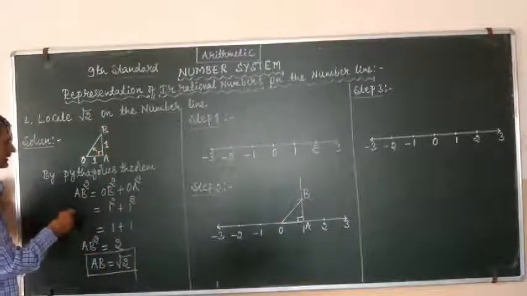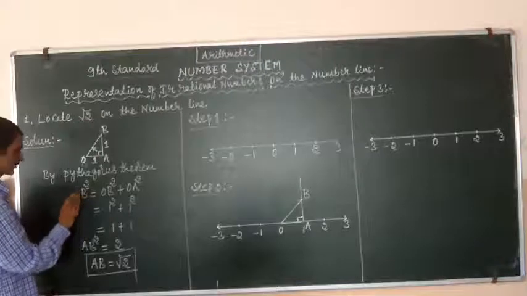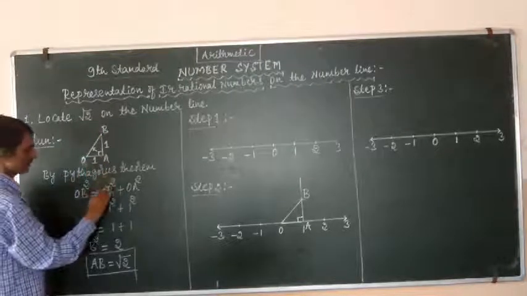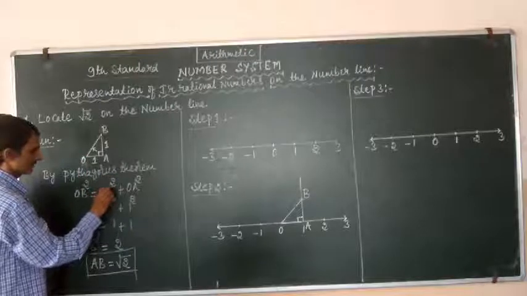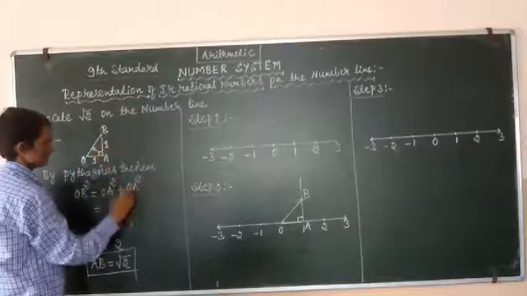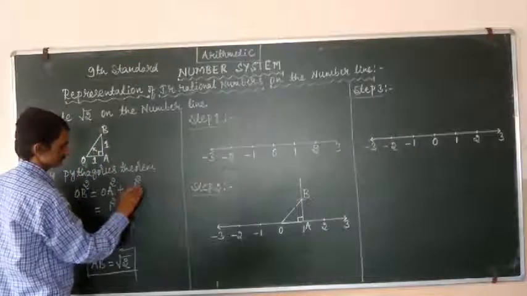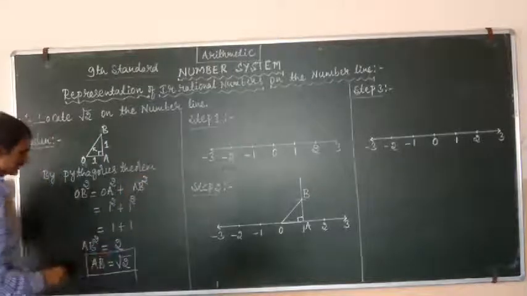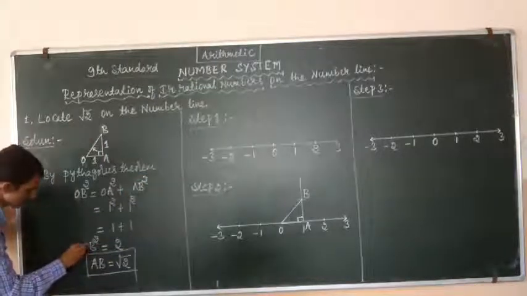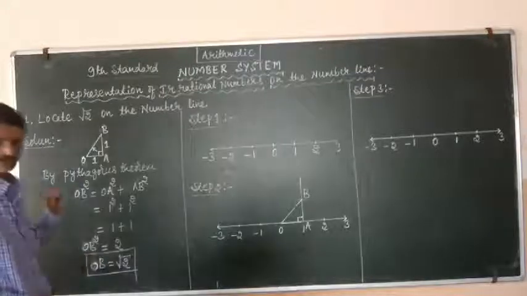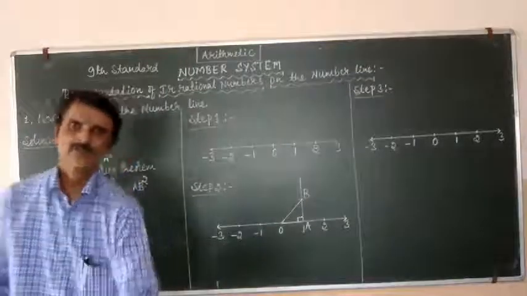Then OB square equals OA square plus AB square. Therefore, OB square equals 2, so OB equals root 2.